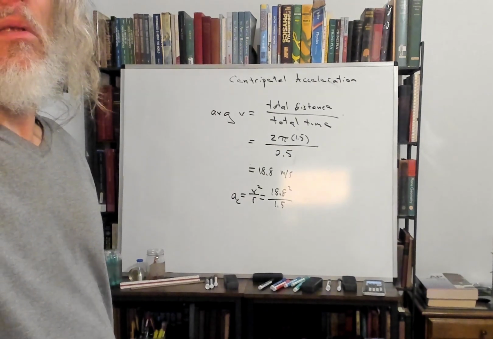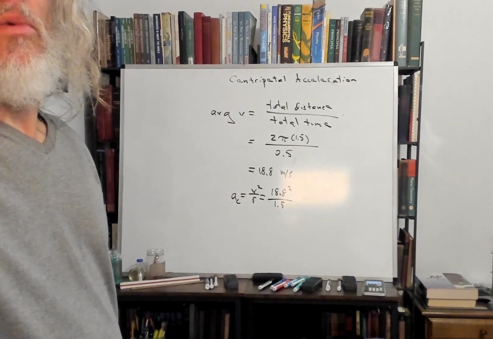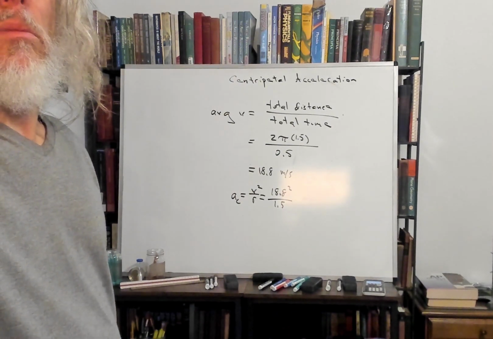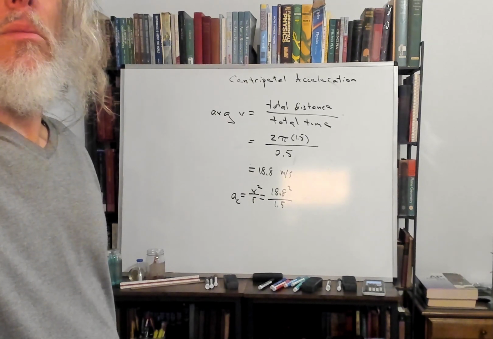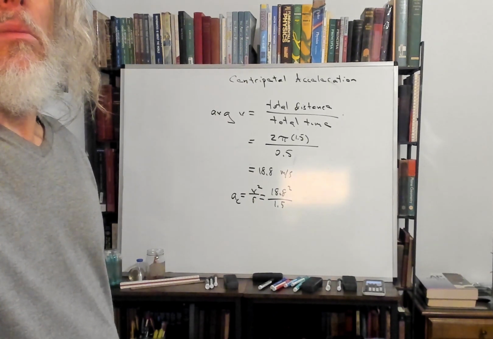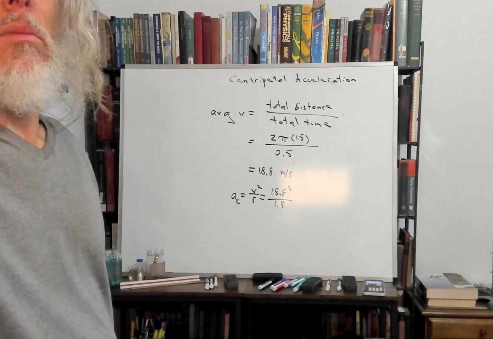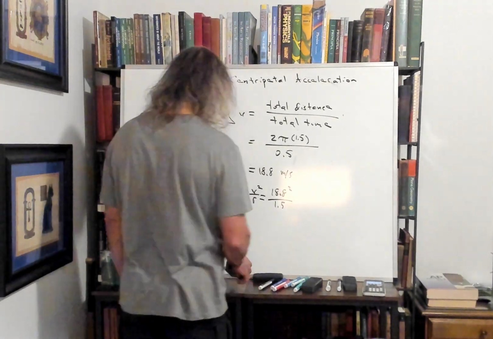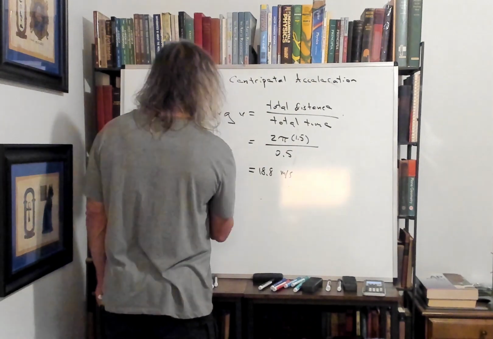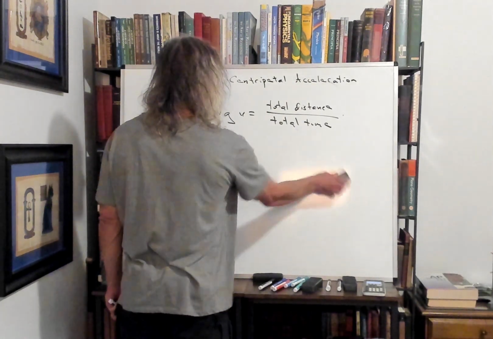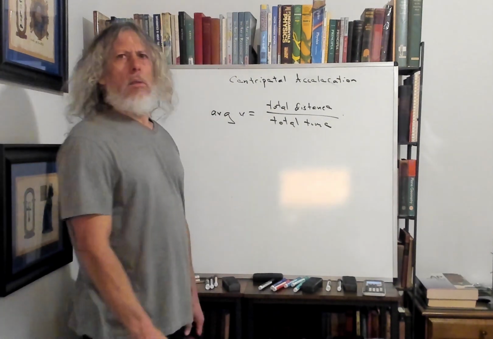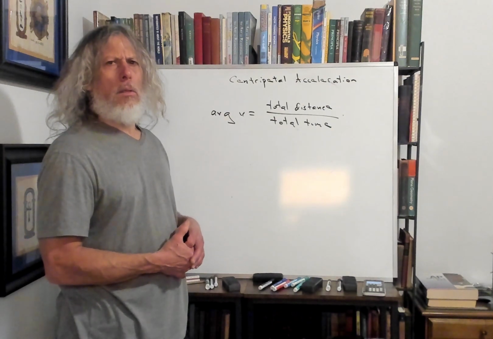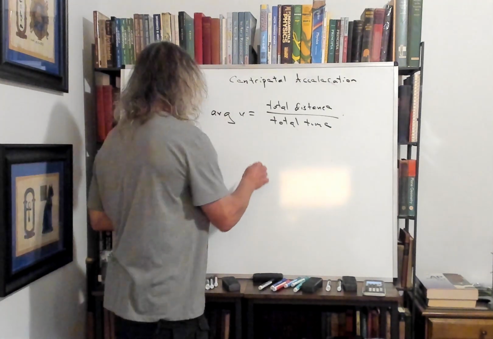And then we could do, yeah, I guess another thing to get the average velocity, we could also have done period and frequency, which are inversely related.